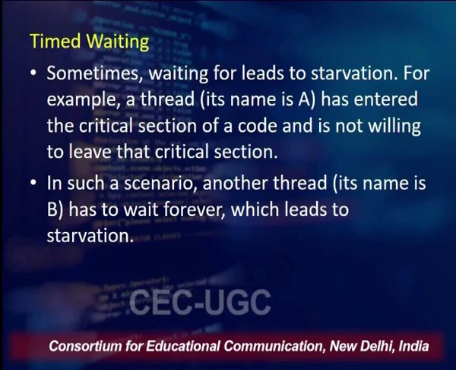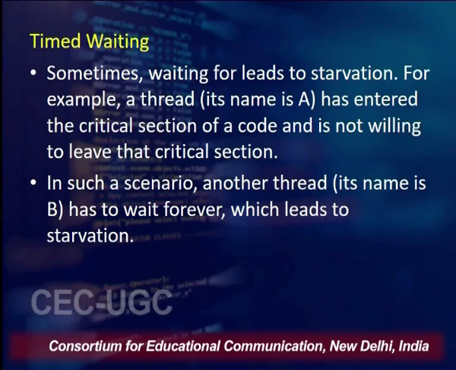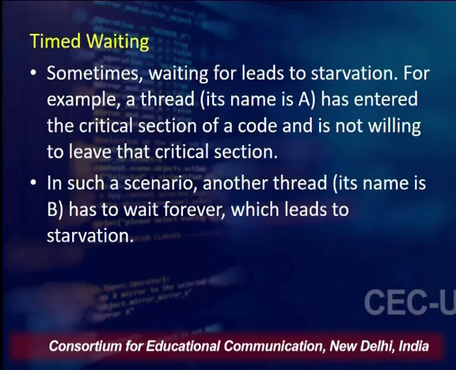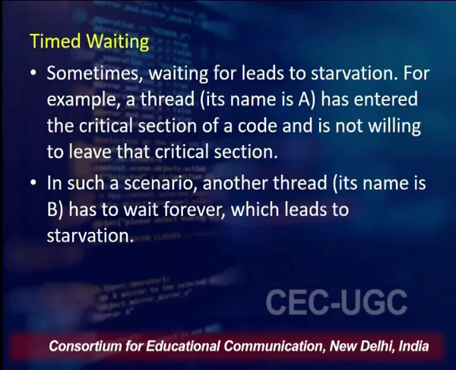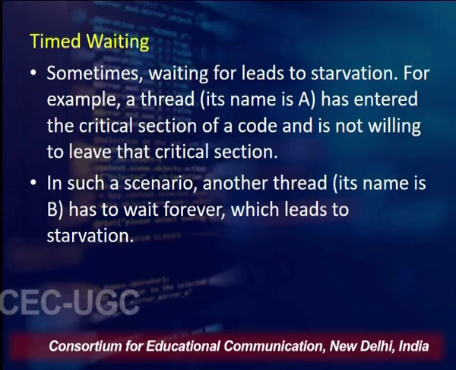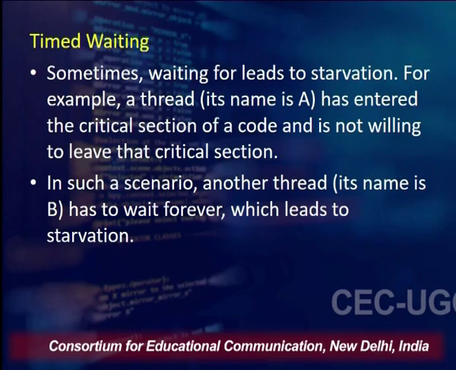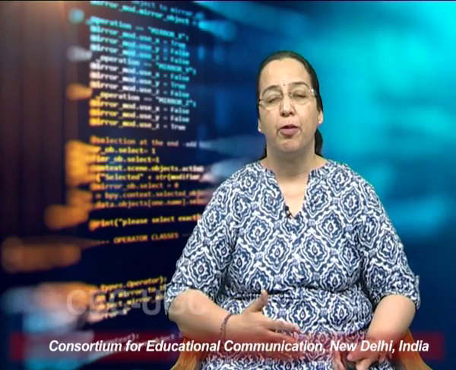Timed waiting is, for example, when one particular thread is waiting and keeps on waiting for one reason or another. It may lead to starvation. So, for example, let us say a thread A has entered into the critical section of the code and is not willing to leave it. In other situations, threads voluntarily give the CPU to other threads because of being cooperative.